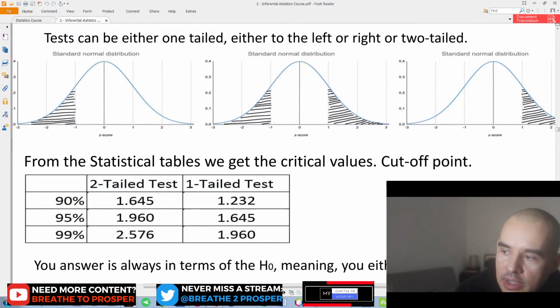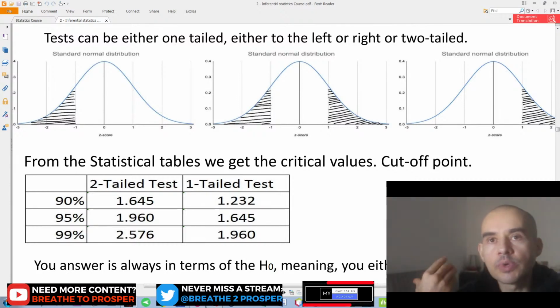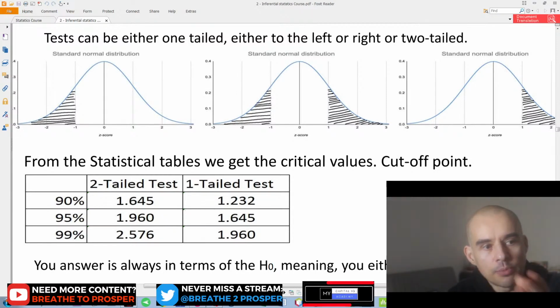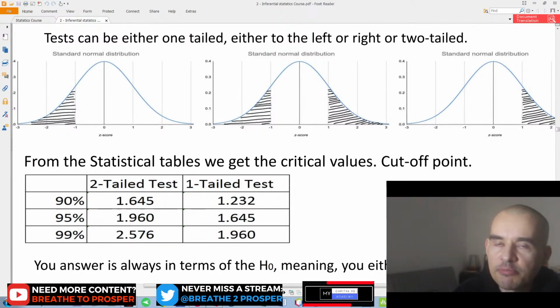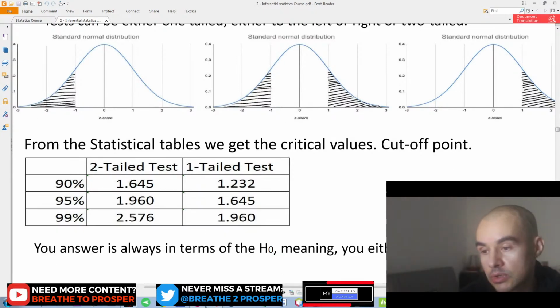Notice how the values are the same after a specific value, because in reality what we are saying is that if you have a 5% significance level, we are splitting this in two parts. It's 2.5% for each side. So a 5% region is here, and we have a 95% region here. Same thing for this one.